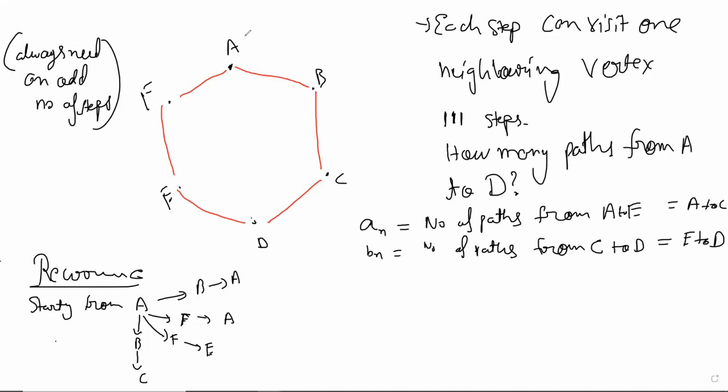Obviously, you also need to mention the number of steps, the number of paths for me to be in 2n steps. Otherwise, there are infinitely many paths. You can just take this to be some odd number, say 2n plus 1 steps.